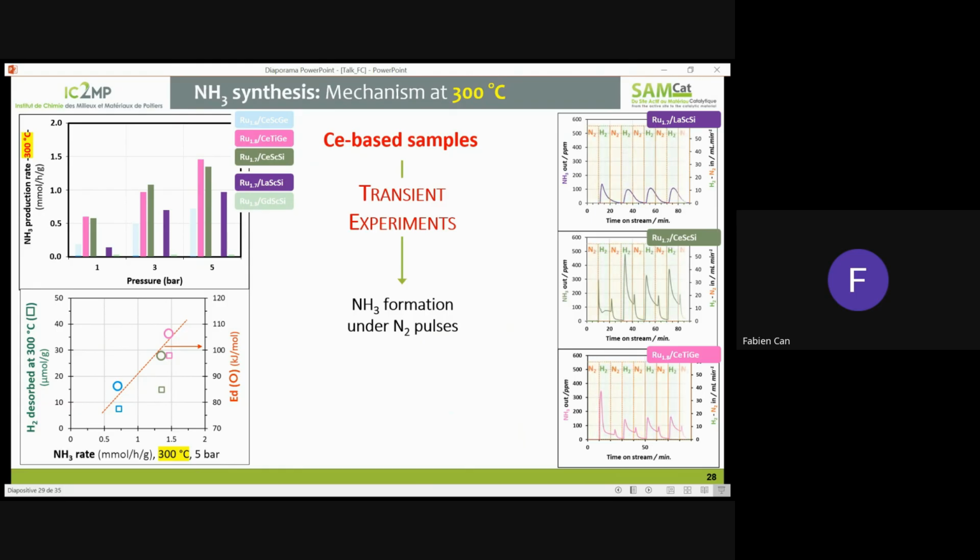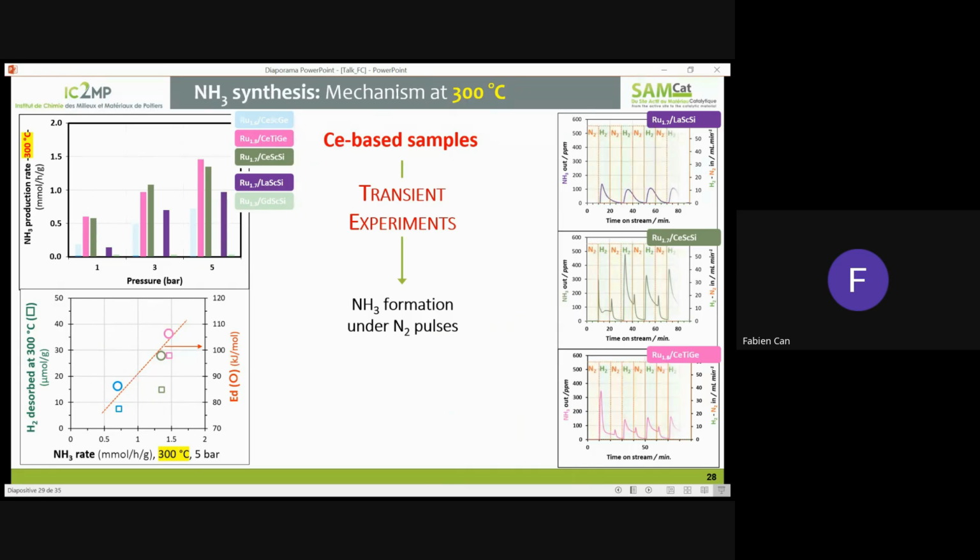So, at the top of the slide, for the lanthanum scandium silicium sample, ammonia is emitted only during H2 pulses. This means that certainly you have N stored at the surface of the catalyst. I don't know if it is NH compounds or just N compounds or N2, I don't know. But ammonia is emitted under hydrogen pulses. So you cannot form ammonia under pure N2 in this sample.